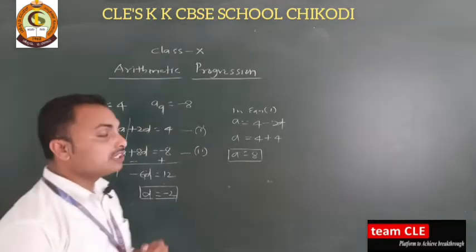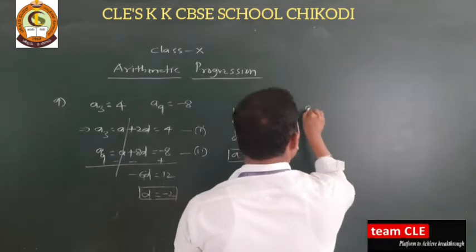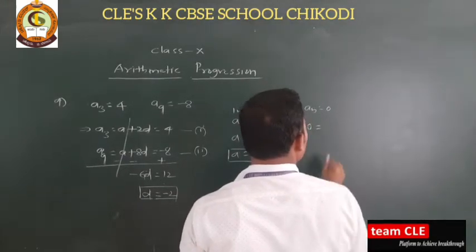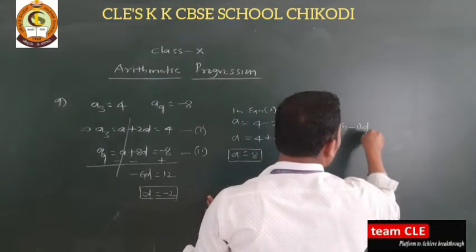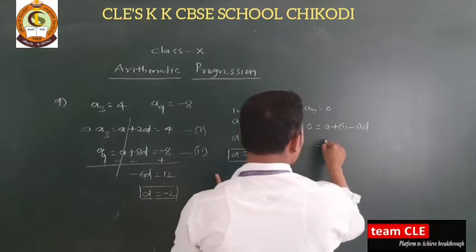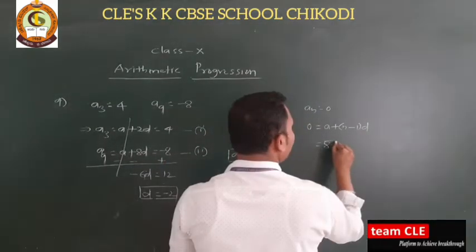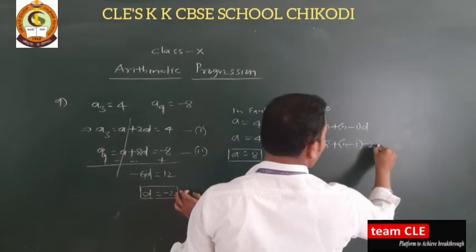Next, which term of the AP is 0? So that means An we need to take as 0. Now 0 is equal to A plus (n minus 1) into D. A, how much do we have? We have A is equal to 8, plus the term we need to find, that means n, and D we have minus 2.